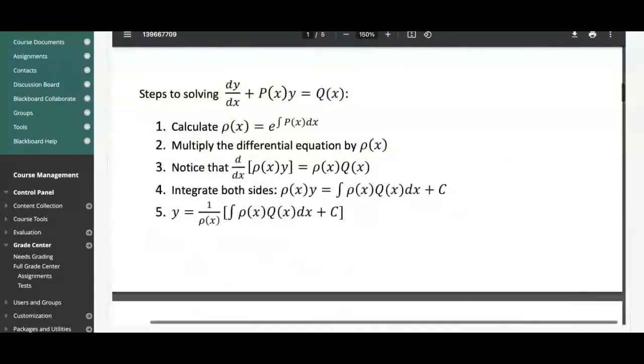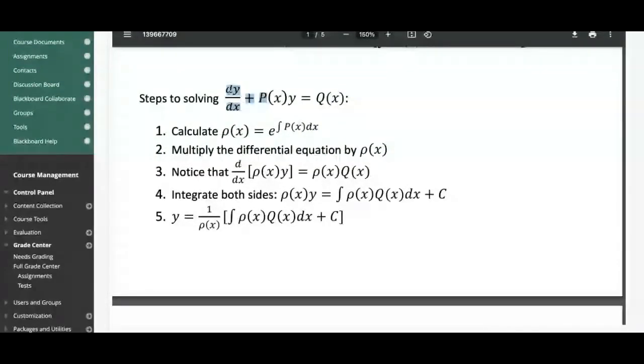So let's go through the steps again. To deal with such an equation, remember y prime plus P of x times y equals Q of x. Our focus is on this P of x, and we want to put the equation exactly in this form: y prime plus P of x y, and we leave Q of x on the right-hand side.